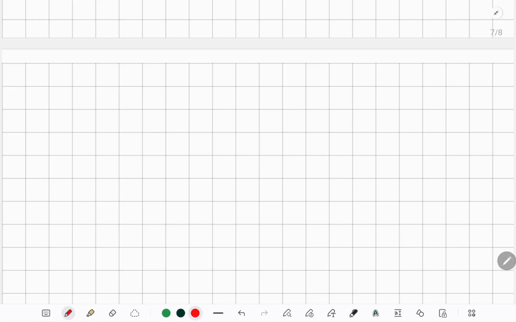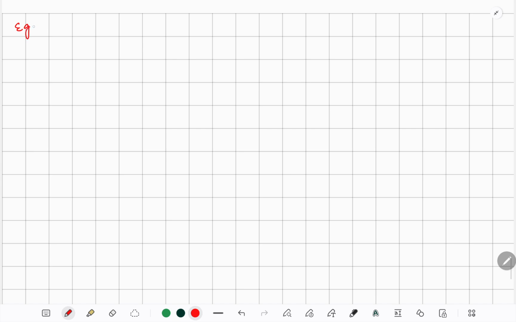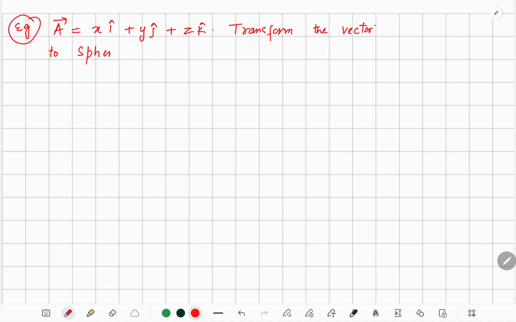Then you will understand. The example is, a vector is given by x i cap plus y j cap plus z k cap. What we have to do is transform the vector to spherical polar coordinates.